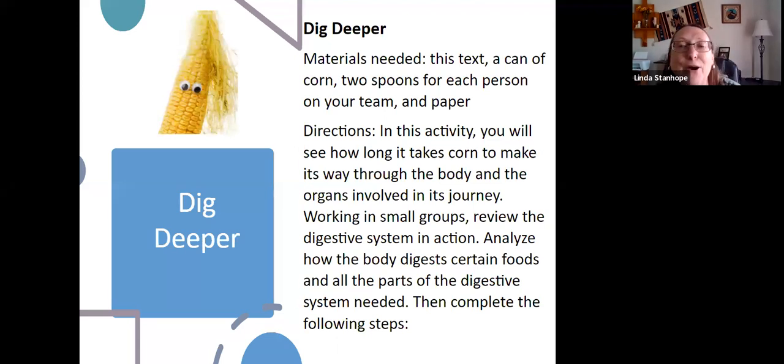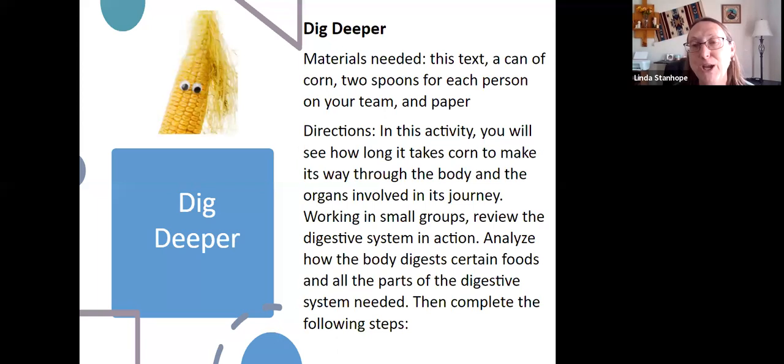Dig deeper. Okay. So sometimes we just want to have fun with our kids. And we like to do labs, and there's no reason you can't do some really simple labs. One of the ones that we placed in the book this time is where I have asked my kids to hypothetically think how long it's going to take for a piece of corn that they eat to actually come through.